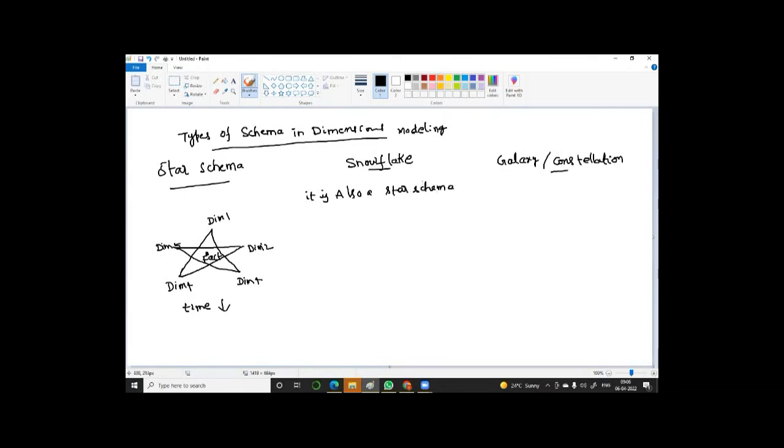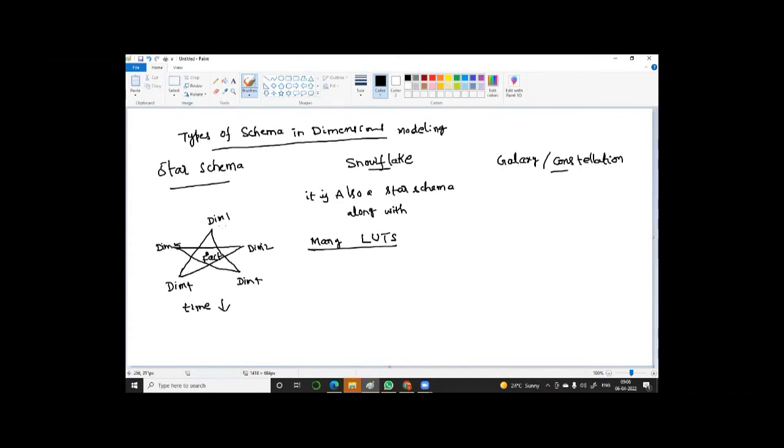Here, along with the star, you have many lookup tables. What are LUTs? A LUT is also just tabular data. It means in each dimension, there are again many tables that are linked.